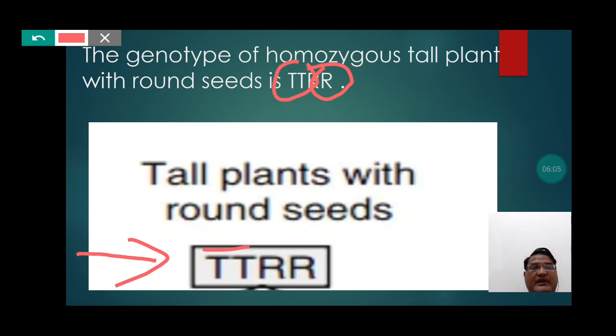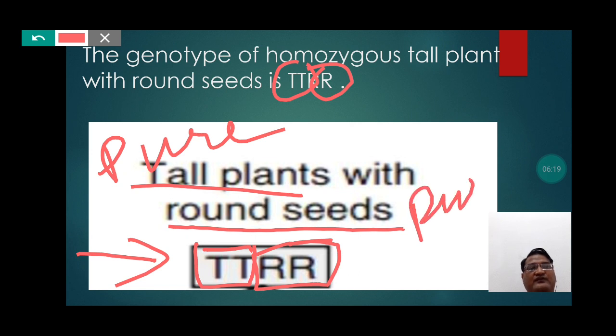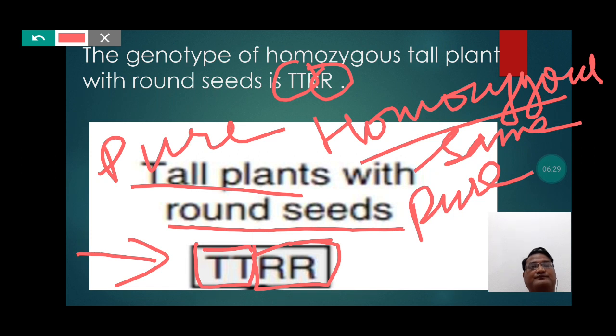The capital T, which you can see here, represents the tall plants, and capital R, which you can see here, represents the pure round seeds. So pure tall plant and pure round seeds are present in the homozygous condition, because homozygous means same.